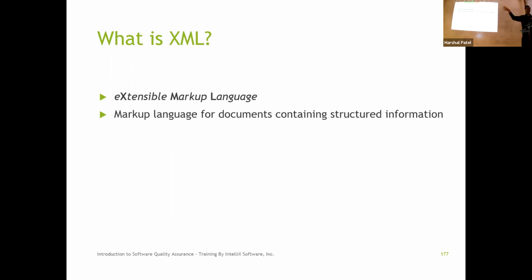Each element in that document tells you what the purpose of that particular field is and what the value is, so that you can go ahead and process it. When I send you this piece of information, you interpret it exactly the same way. So XML is primarily used for defining documents and sending documents.